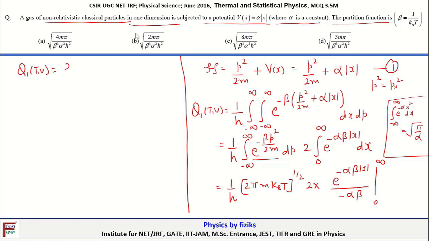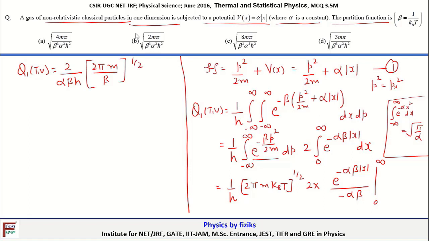2 upon alpha beta h into 2 pi m. In terms of beta, 2 pi m kT becomes 2 pi m upon beta, power 1 by 2.